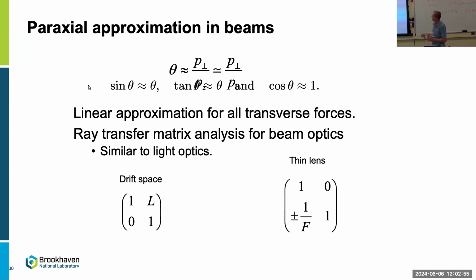In order to understand how to bend or focus particles, we use a simple approximation that is also called the paraxial approximation. That's a word that only means that the trajectories of particles are near the axis. So why is this approximation interesting?